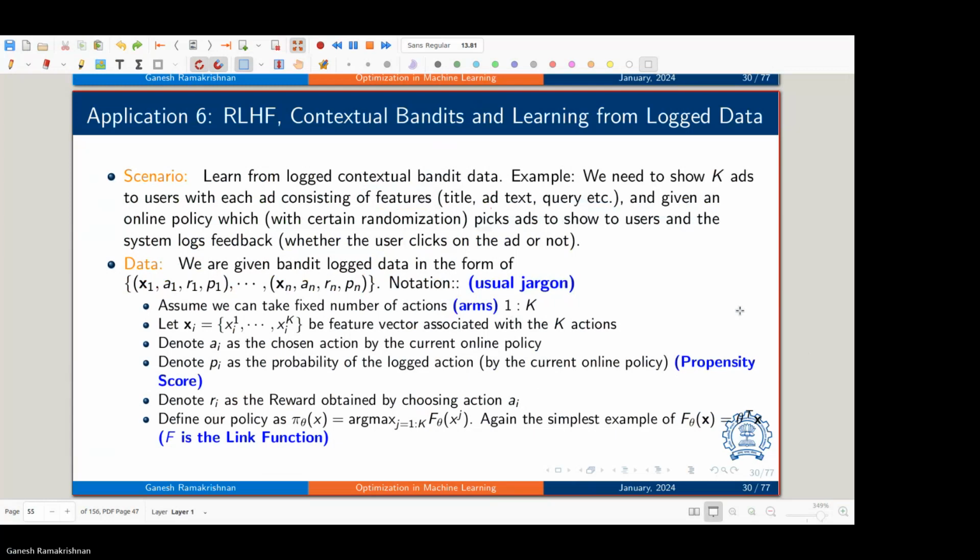That action which maximizes the function. X itself is a vector corresponding to different possible actions. For each action, what is the orientation as per its core features?